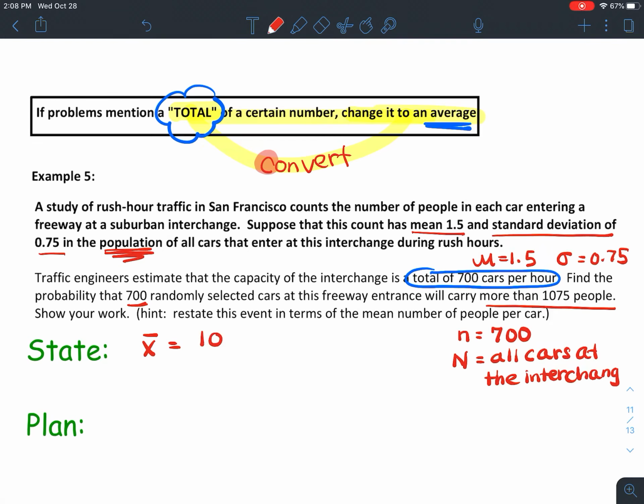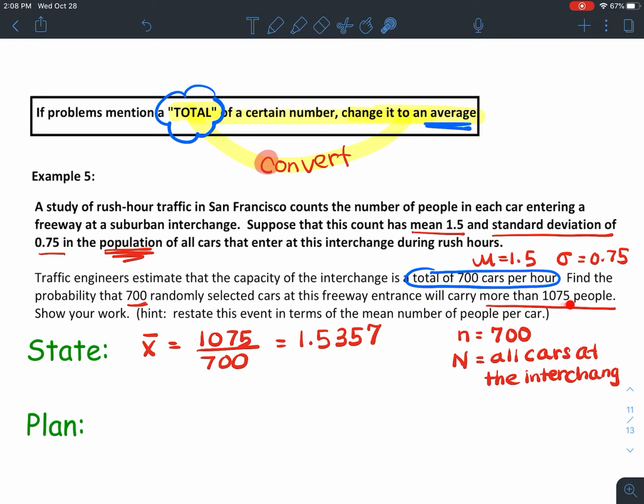So if we took the 1,075 people and split them amongst the 700 cars, now we're talking about an average of each car roughly holding 1.5357 people.